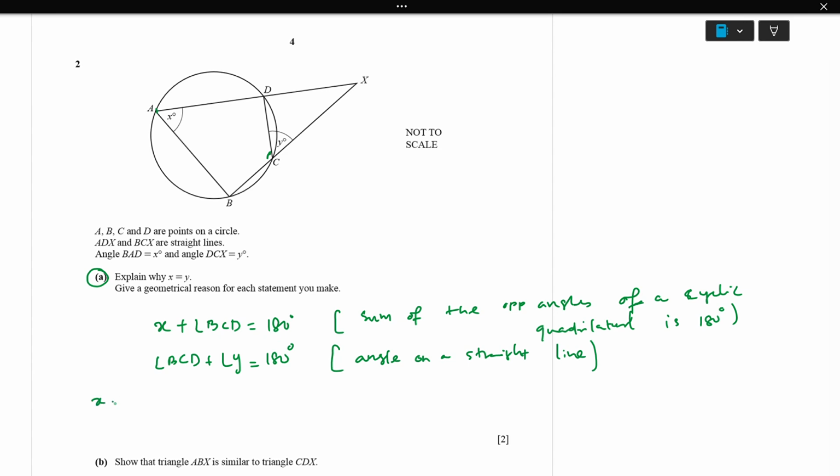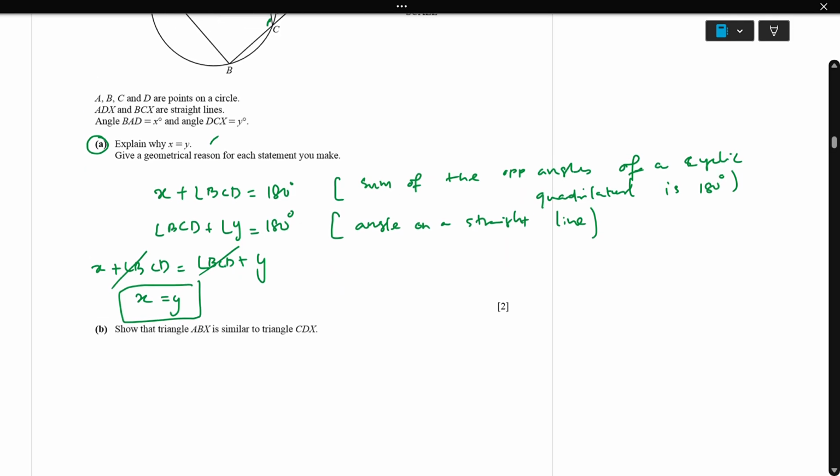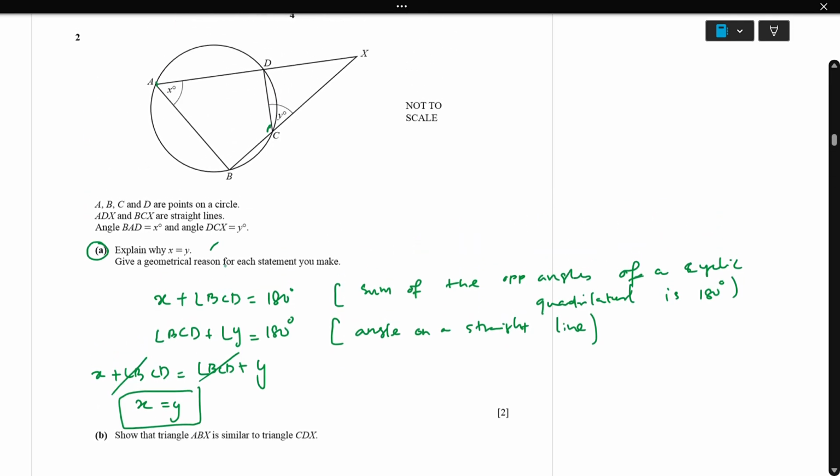So X plus angle BCD equals angle BCD plus Y. BCD gets cancelled, so X equals Y. So we proved X equals Y. Next question: show that triangle ABX is similar to triangle CDX.